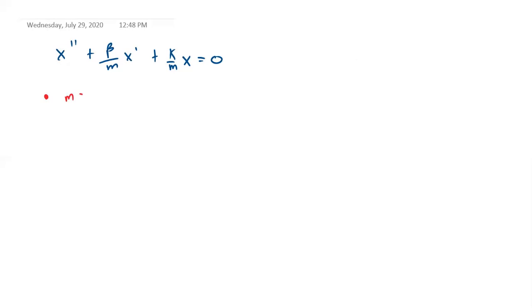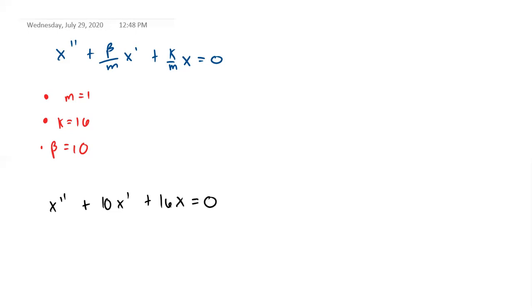So m was 1, k was 16, and beta was 10. If we plug all of this into our ODE, we get x double prime plus 10x prime plus 16x equals 0. Now, we also have initial conditions.